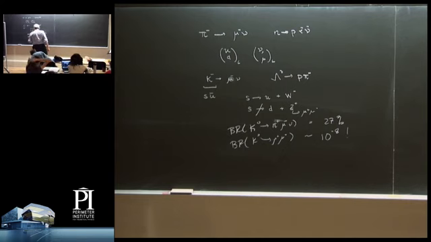The branching ratio for K0 goes to mu plus mu minus is something like 10 to the minus 8. So somehow we have to build a theory where this kind of process can occur easily, but this kind of process can't occur. And eventually, as you'll see, the standard model takes care of that problem.